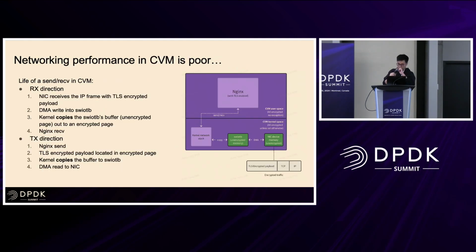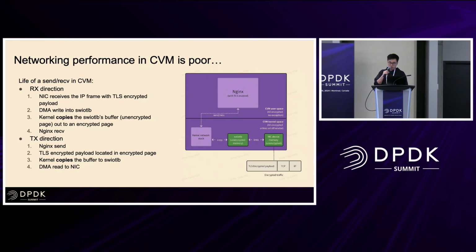So what we're going to do now is a breakdown to find out where the performance overheads are coming from. The picture here shows the data flow of the packets in both RX and TX directions. For the RX direction, the NIC initially receives an IP frame with TLS encrypted payload.